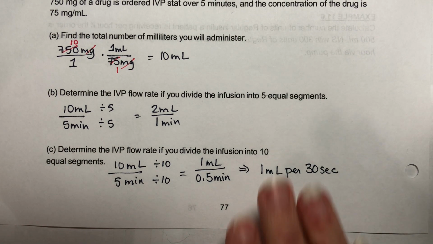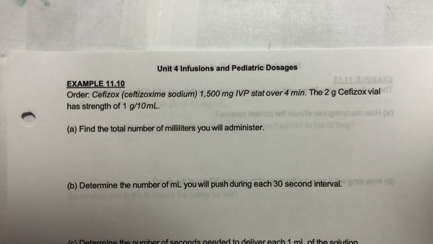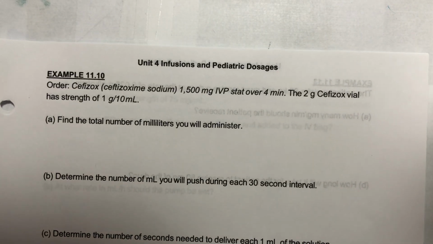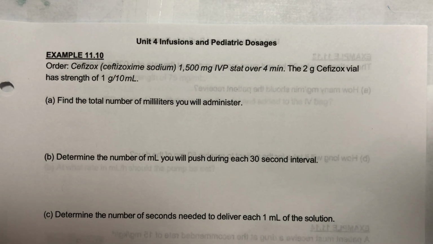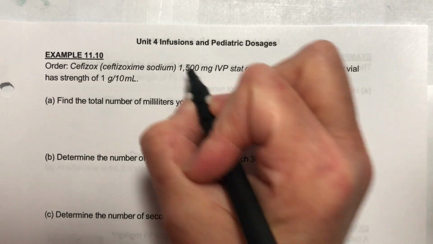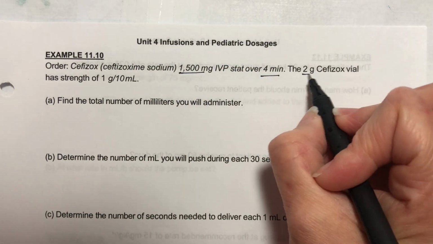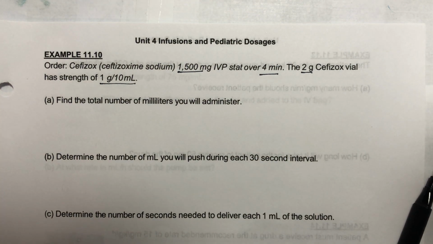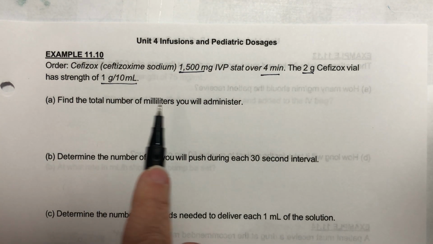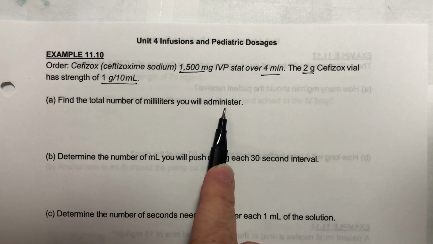All right, so let's go on to example number 10. The order is 1,500 milligrams over 4 minutes. The 2-gram vial has a strength of 1 gram per 10 milliliters. Find the total number of milliliters you will administer.